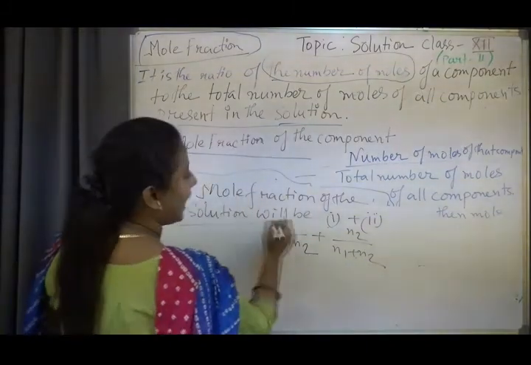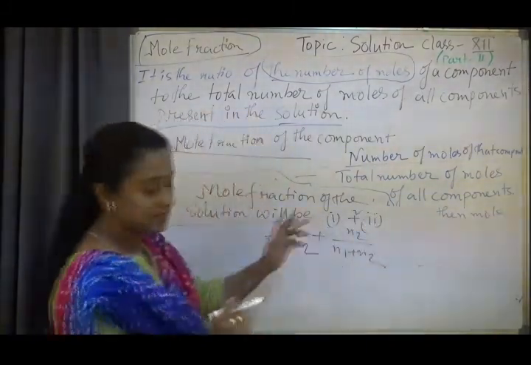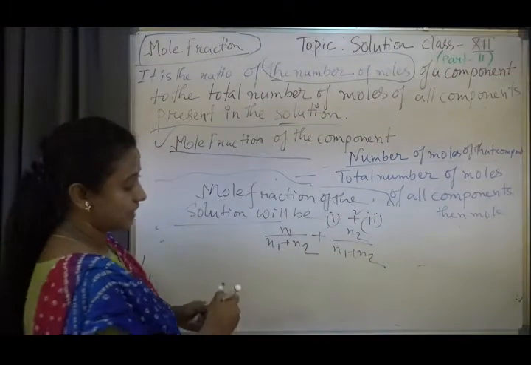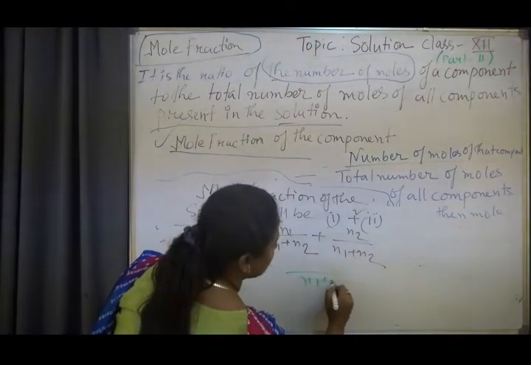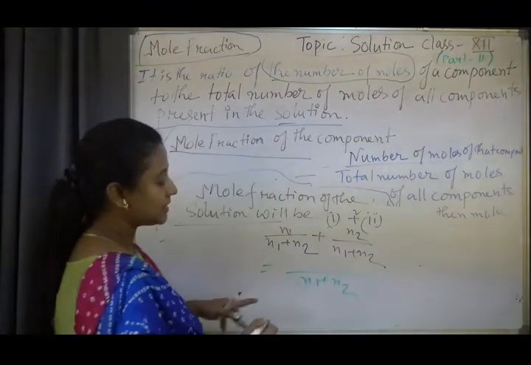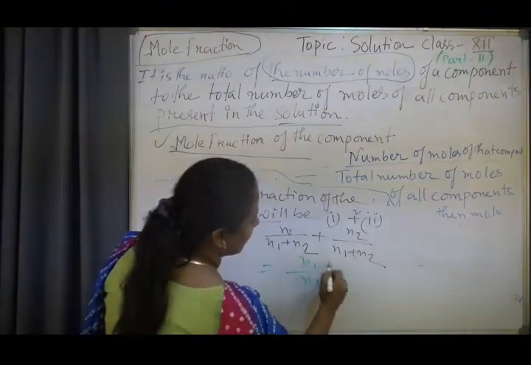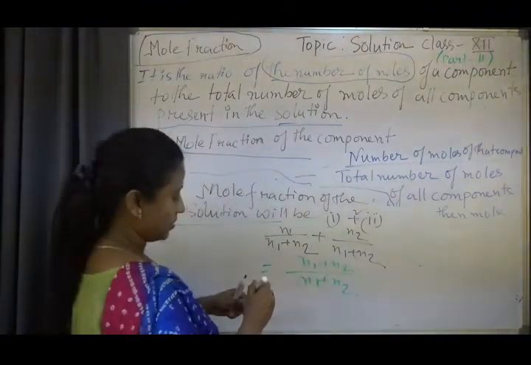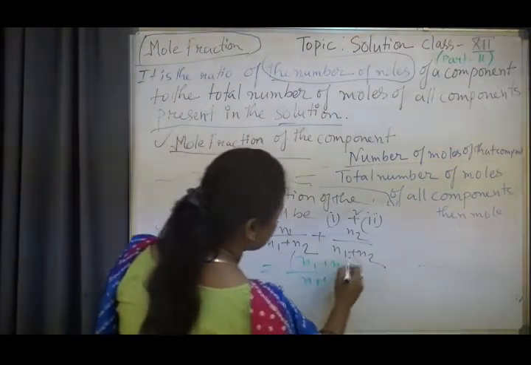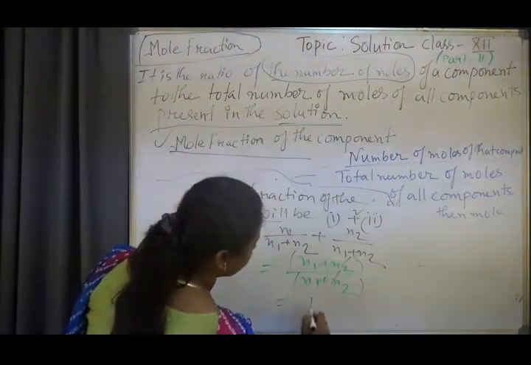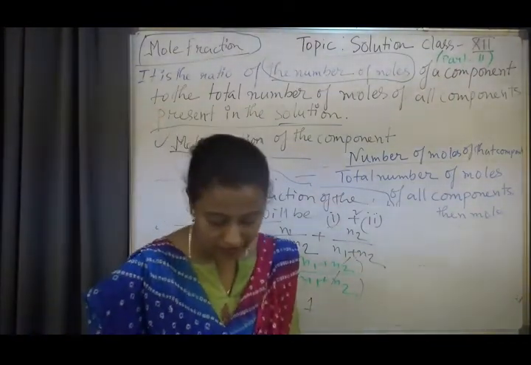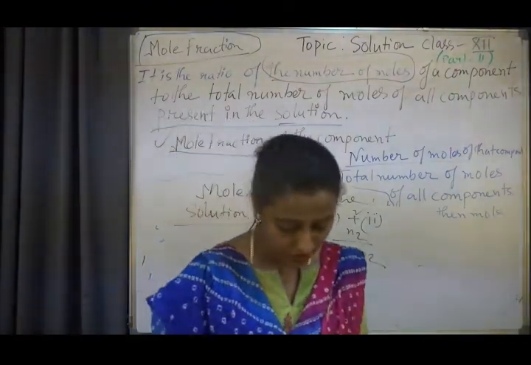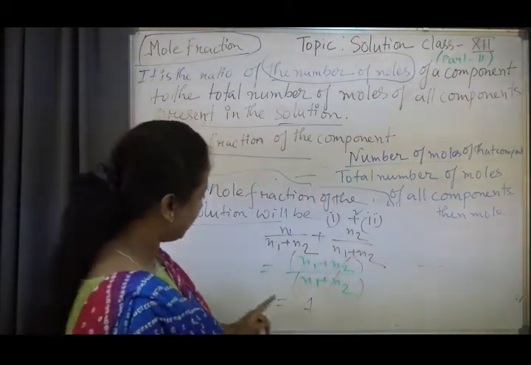If we add these, n1 plus n2 will be the common denominator, so here it will be n1 plus n2 over n1 plus n2. These two terms get cancelled, so it will be 1. So the sum of the mole fractions of the components is unity.